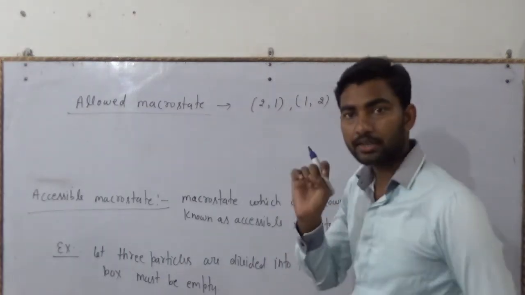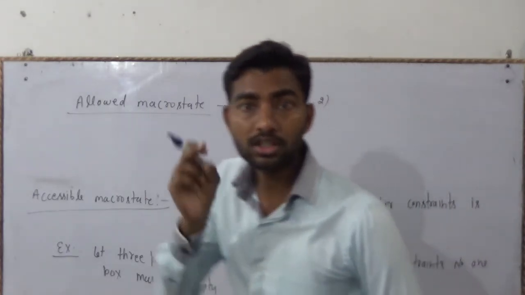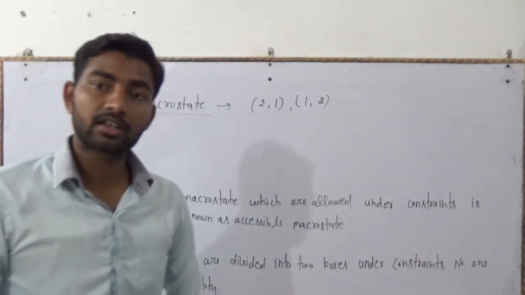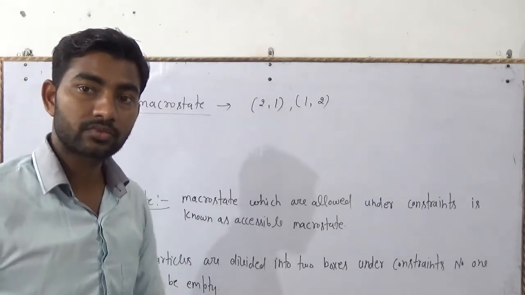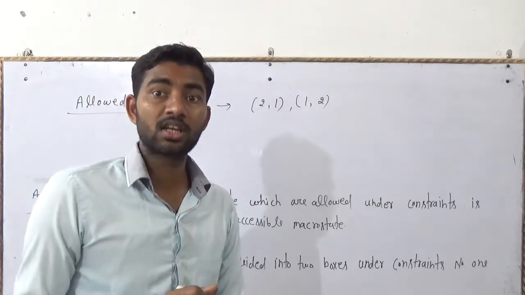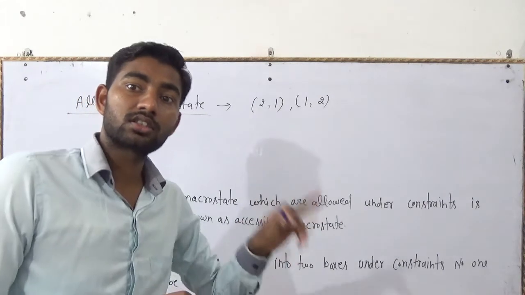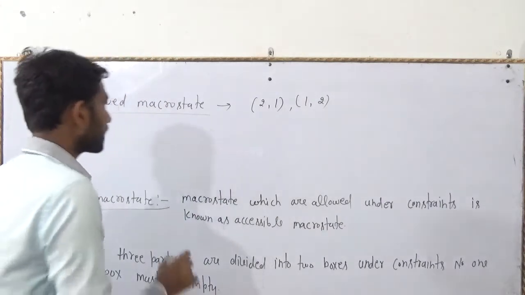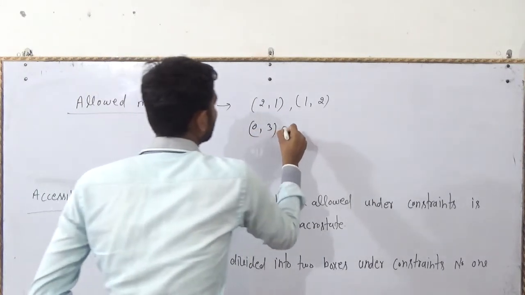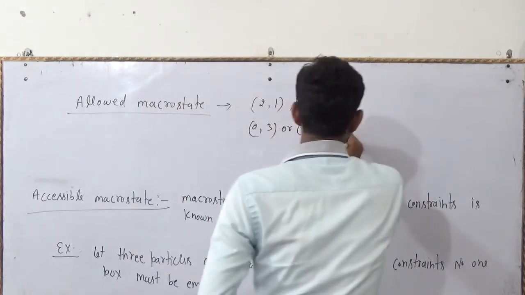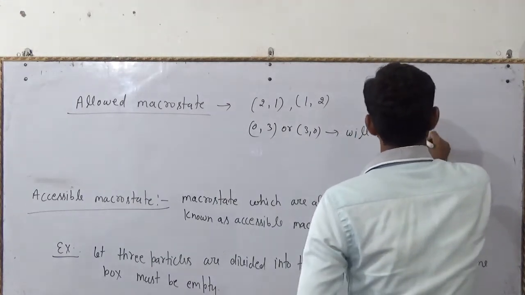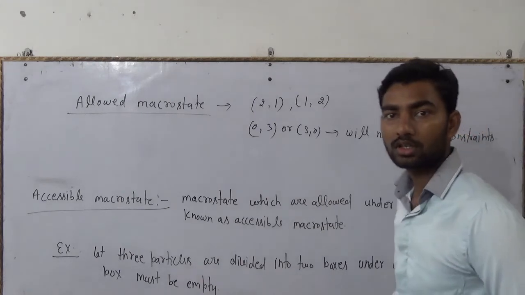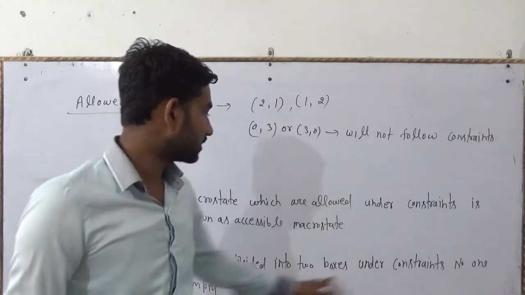If we take 0, 3 or 3, 0, then friends, they will not be allowed under the constraint condition, because the constraint given is that no one box must be empty. 0, 3 and 3, 0 will not follow the constraint condition which is given in my example.